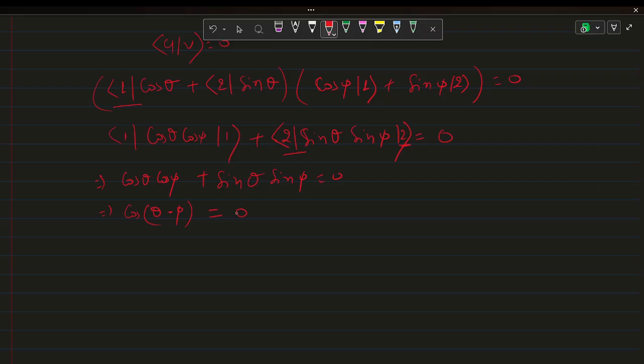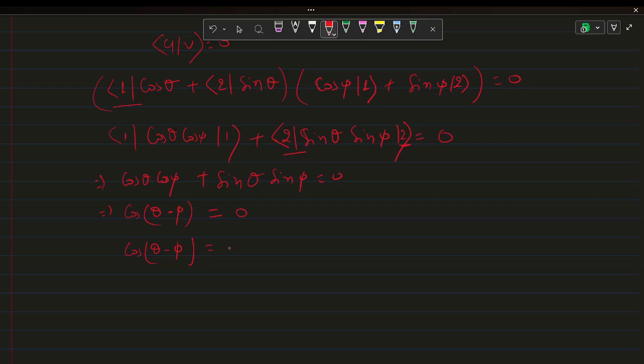So for what value of θ − φ should this be 0? Cos 0 is 1 and cos π/2 is 0.